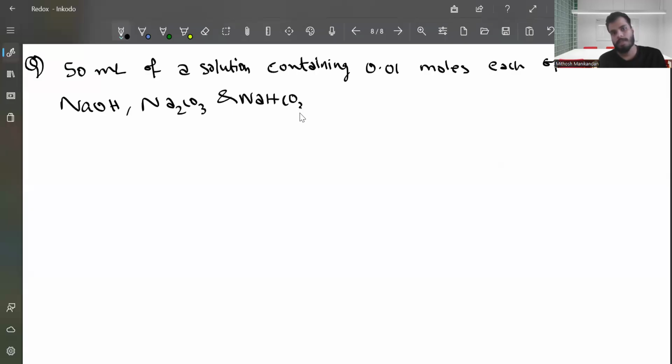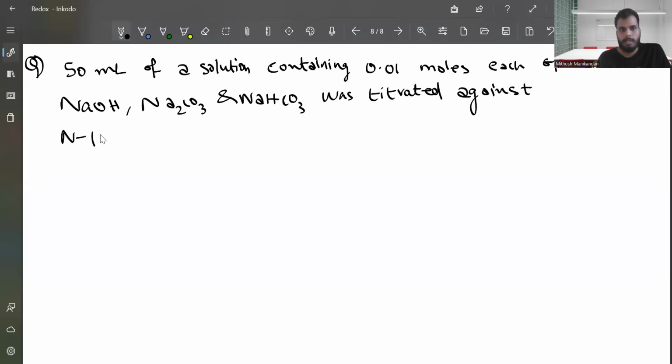So sodium hydroxide, sodium carbonate, and sodium bicarbonate. Then it was titrated against normal HCl, meaning one normal HCl.